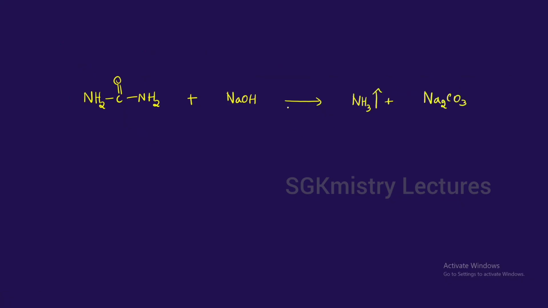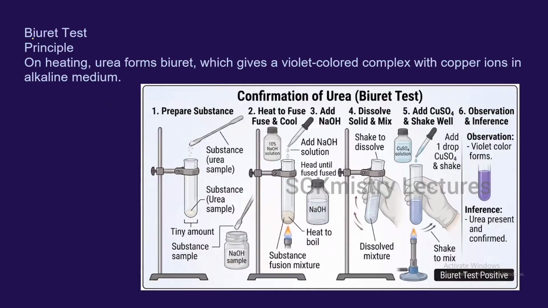So NH3 vapors are produced. When these NH3 vapors are exposed to the moist red litmus paper, they turn the red litmus paper blue because of their basic nature. So this is what happens during the reaction. This is with respect to the red litmus test which we are going to perform when urea is given to us. So next is the biuret test.